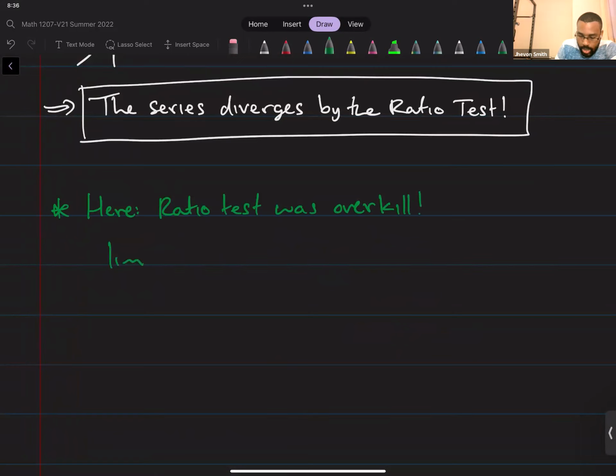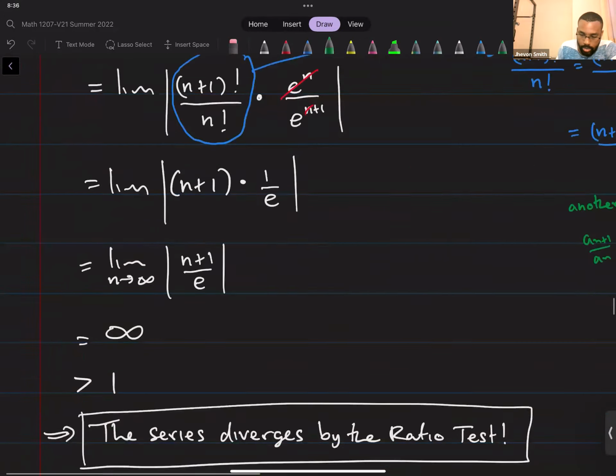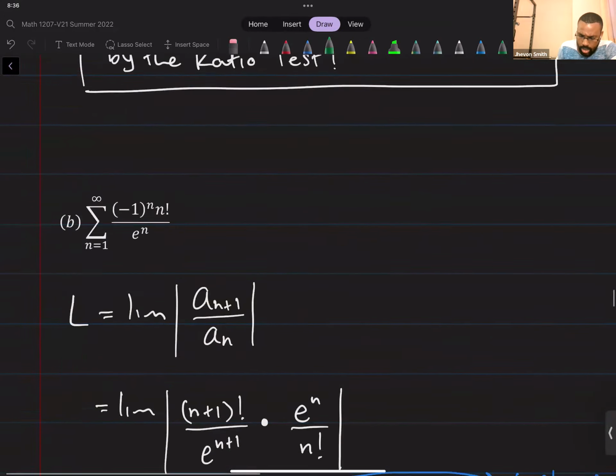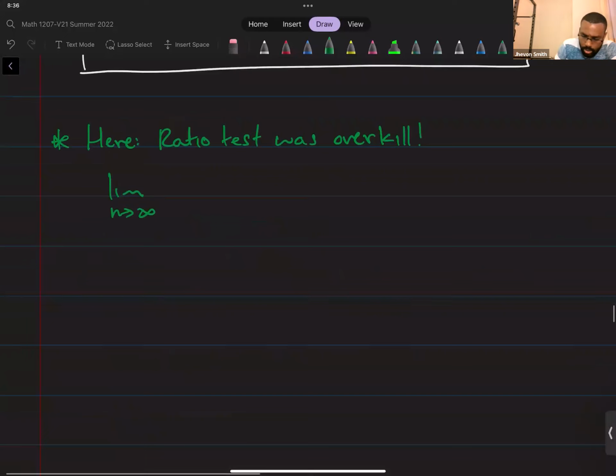Because if you actually looked at the limit as n approaches infinity of n factorial over e to the n, that goes off to infinity, which is not equal to 0, which means that the series would diverge anyway.